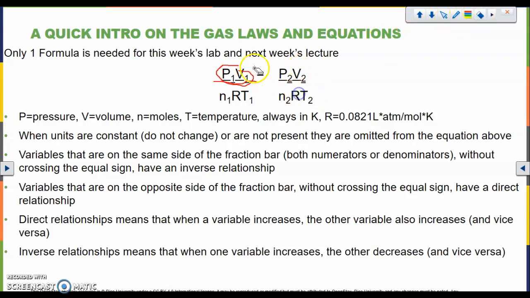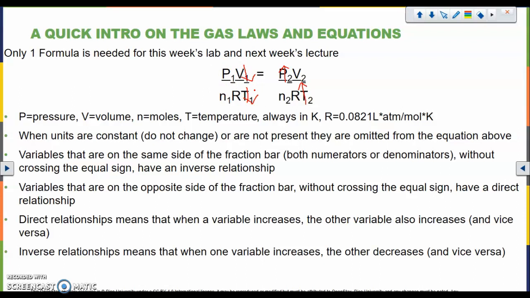What happens then is what we call a direct relationship. What that means is, if pressure goes up, what happens to temperature? Temperature will go up. If temperature goes down, what happens to the volume? The volume will go down. So that's called a direct relationship. Direct relationship means they follow each other.